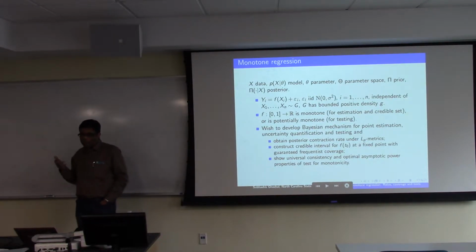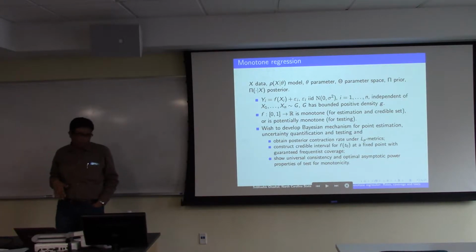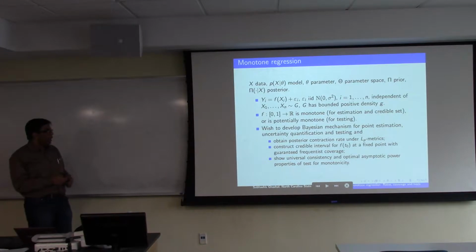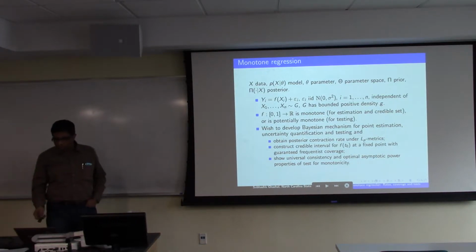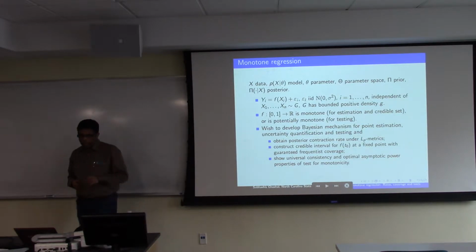Typically, as sample size increases, you have more and more accuracy. You want to quantify that rate, and that tells you how good you're doing. And then there's a notion of optimal accuracy, and as soon as you match that, you know that you're doing the best possible. So that's the goal we want to get to.